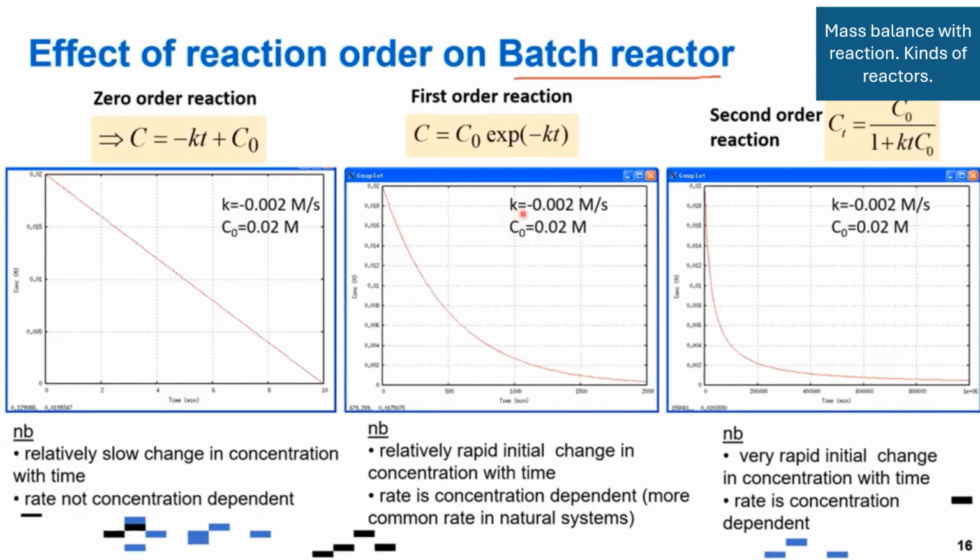In this case, for first order, the reaction rate is in proportion to the concentration of the reactants. So the higher the concentration of the reactants, the higher the reaction rate. Initially you have a high concentration of reactant, so the reaction rate is higher.